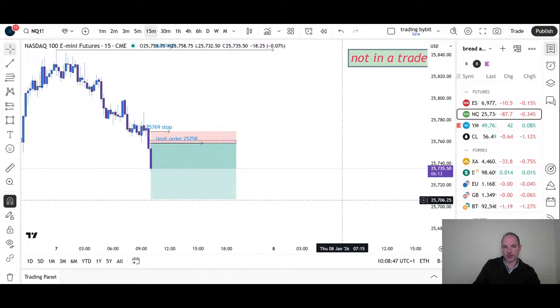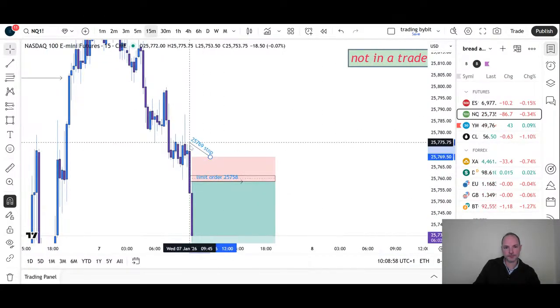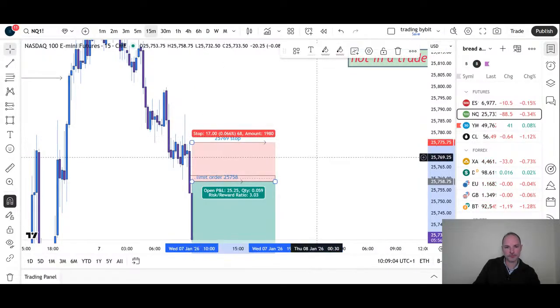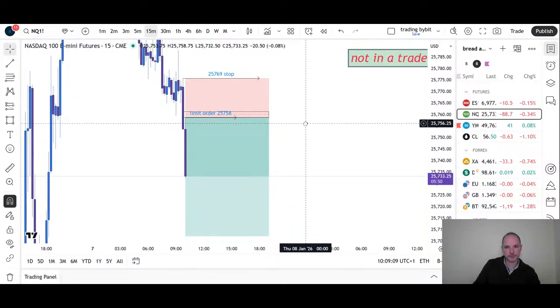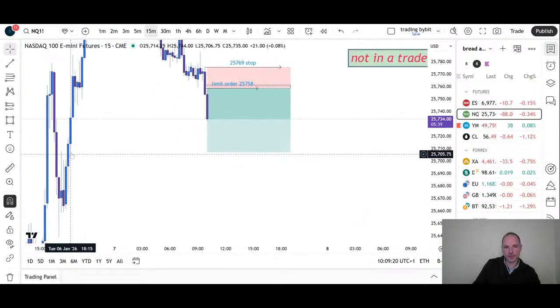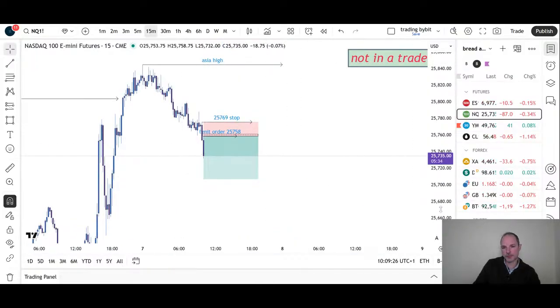Yeah, that looks like it just will flush straight down. We probably won't get that entry. Yeah, this doesn't look like it wants to come back. This will immediately come to that 7.8 level right here. If we're lucky, we get a movement back up that we can take.